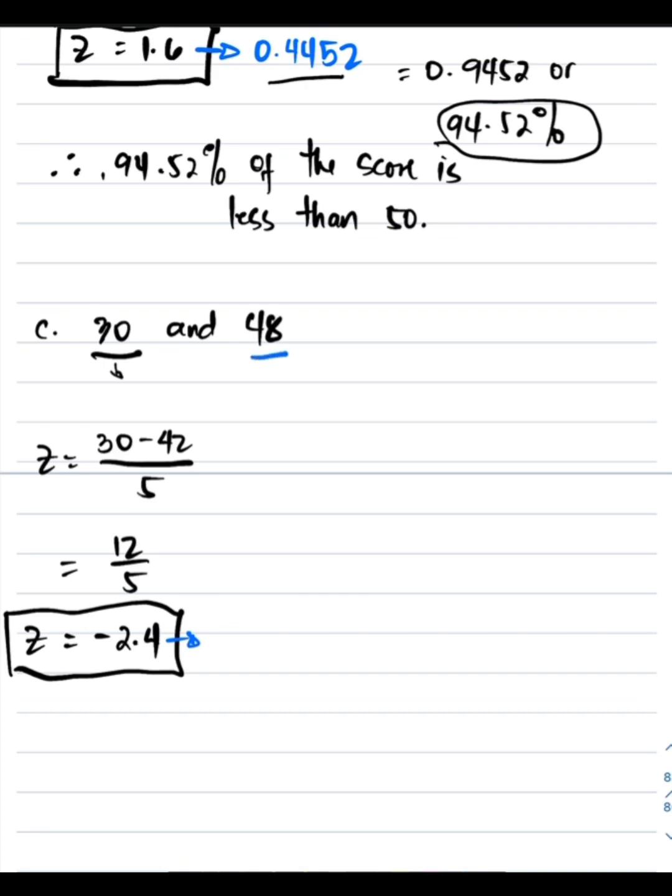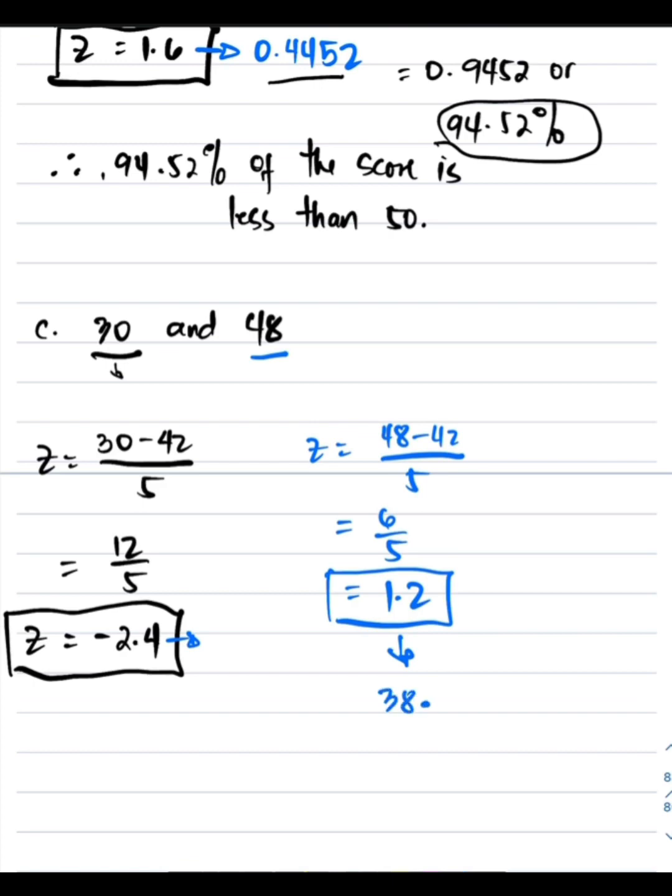Then, for 48, z equals 48 less 42 over 5. So, that is 6 over 5, and that is 1.2. So, for this one, the area at 1.2 is 0.3849.